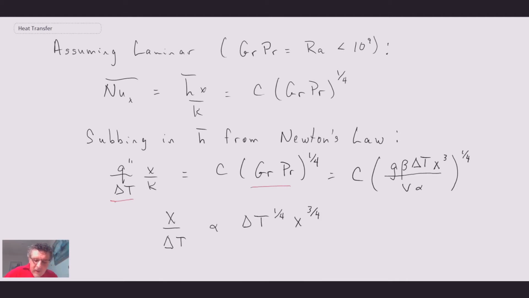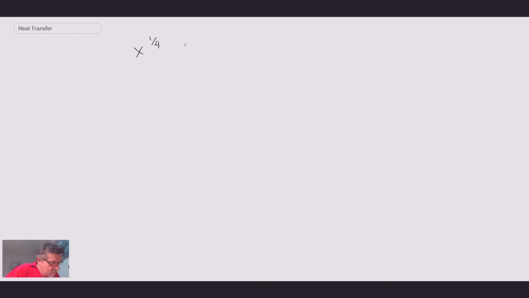What I've done here is look at the proportionality between the left-hand side and the right-hand side, where we have x and delta t, and I've gotten rid of all the other variables because we're looking at the trends and the relationships between x and delta t. So from this, I can reduce this a little bit further. So we come up with this relationship here. We find that delta t is proportional to x to the power 1/5.